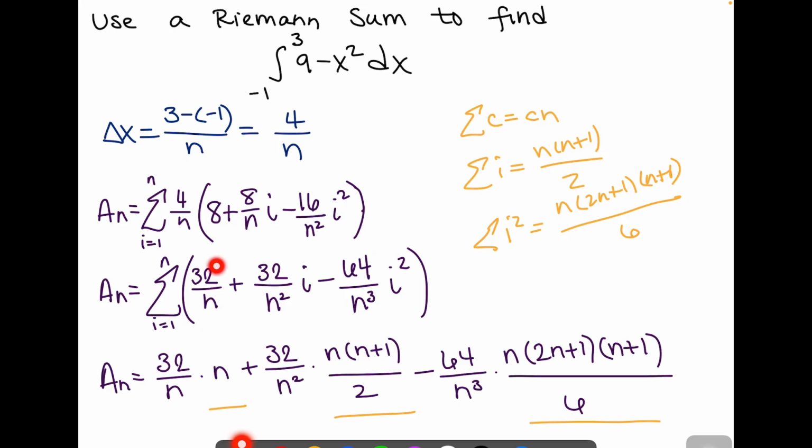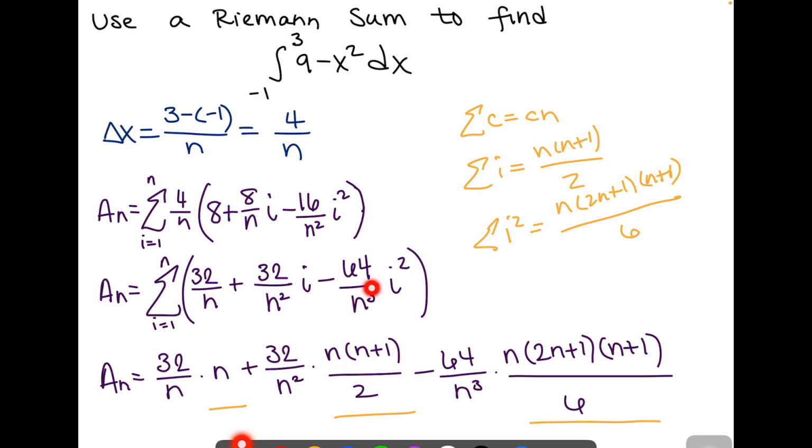The 32 over n is a constant, so that's going to give me 32 over n times n when I do that sum. Then I have 32 over n squared, which is a constant, times i. When I do that sum, I'll get my constant, 32 over n squared, times my summation formula for i, which would be n times (n plus 1) over 2.